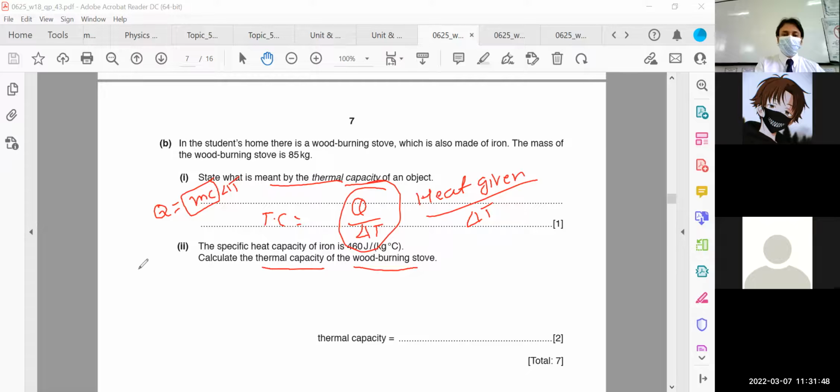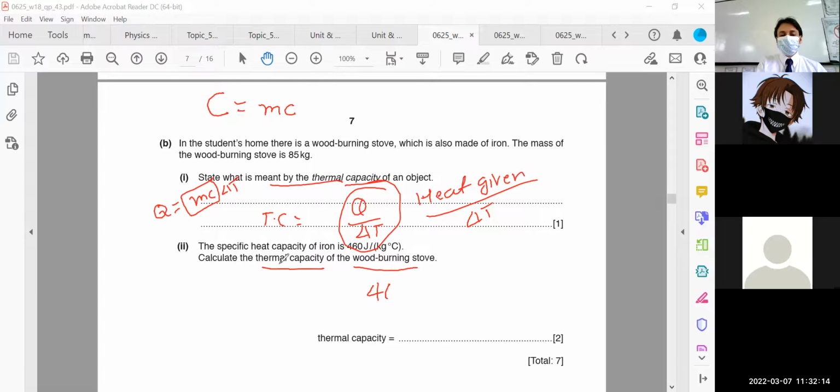If I use a letter, thermal capacity is represented by capital C, which is equal to mass multiplied by specific heat capacity, small c. Small c is specific heat capacity, children. Capital C I have taken for heat capacity or thermal capacity. So capital C equals m into c. In the question, small c is given, specific heat capacity, that is 460.